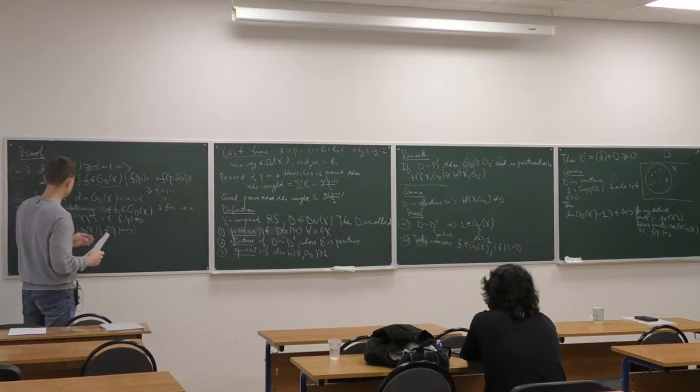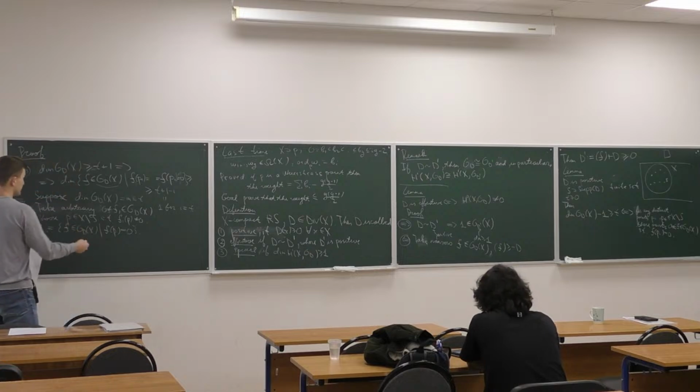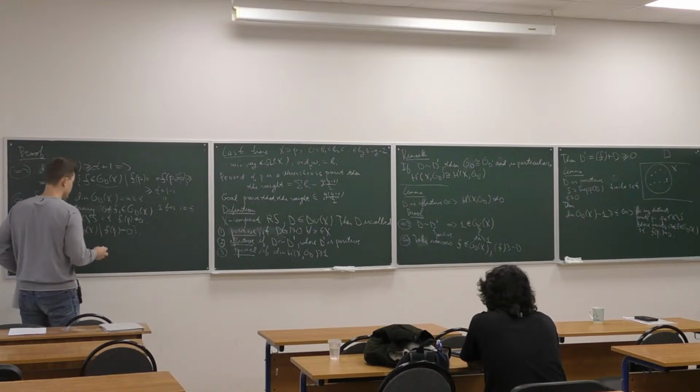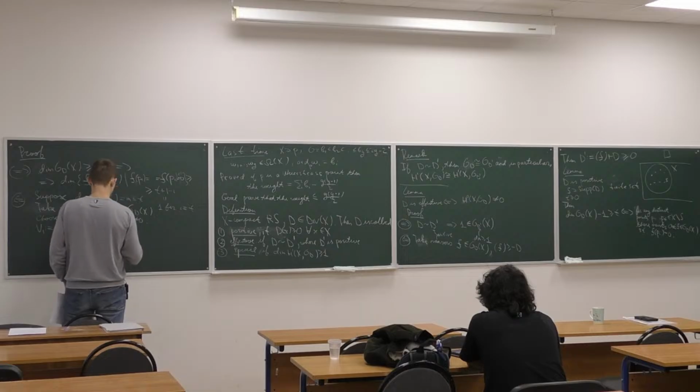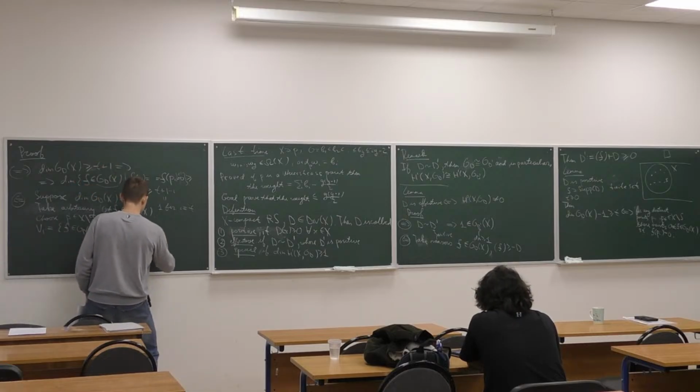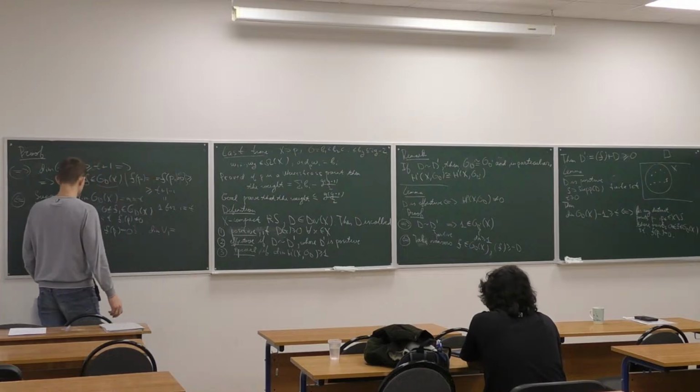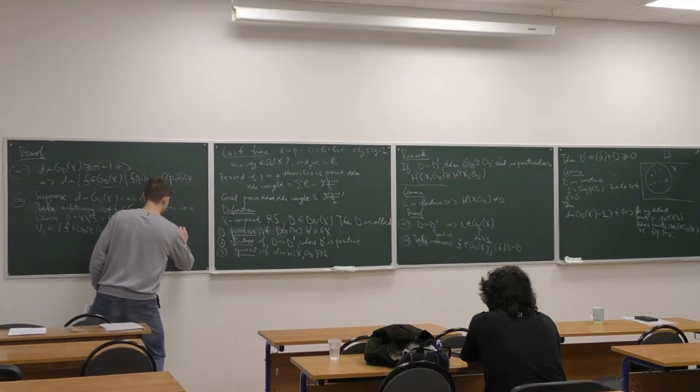So you choose some function, choose a point where it is not 0, and then consider all the functions that vanish at this point. Then the dimension of this space is equal to m minus 1.